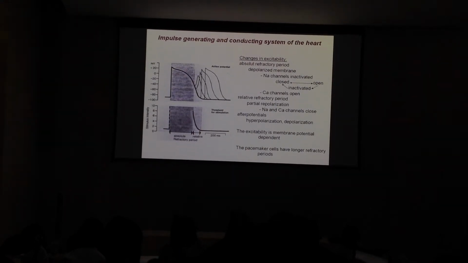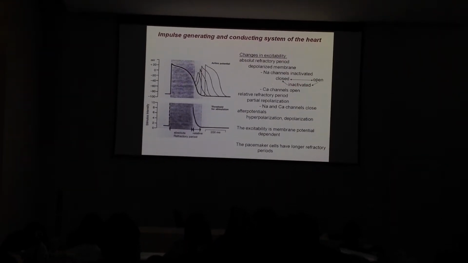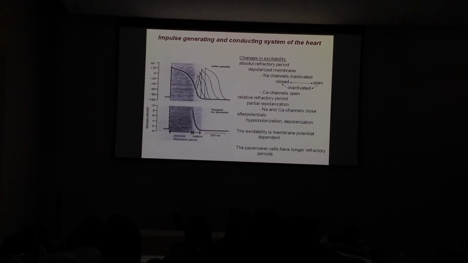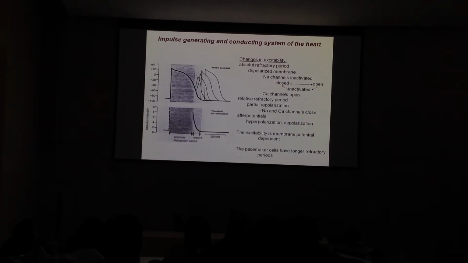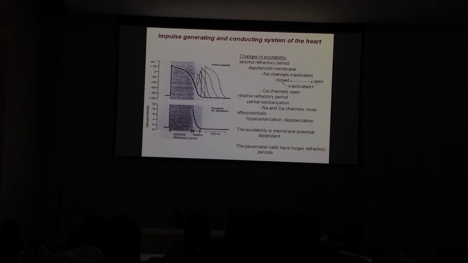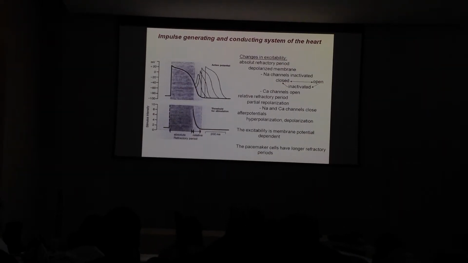In the depolarized membrane, the sodium channels are in the inactivated state and cannot open again, only if the normal membrane potential brings these channels back into the closed state, into the resting state. The inactivated channel cannot open again. We discussed the sodium channel.